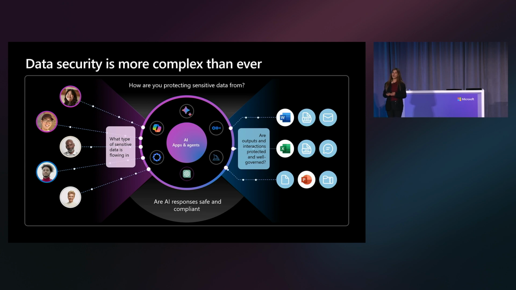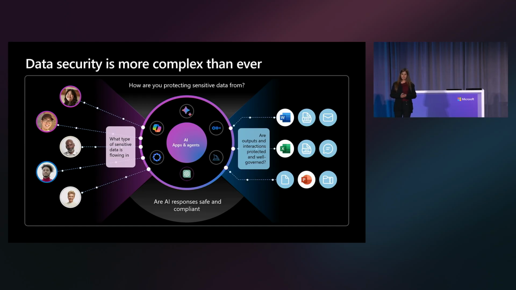One is, what type of AI apps and agents are in use? If you're following the thread here, I think Peter showed us in the beginning in the Foundry control plane, you can see all your AI apps and agents. This is where observability is becoming super important. We are bringing that in Defender, we are bringing that in Entra, and we will take a look at how we are bringing that in Purview.